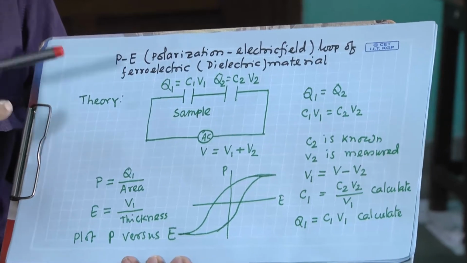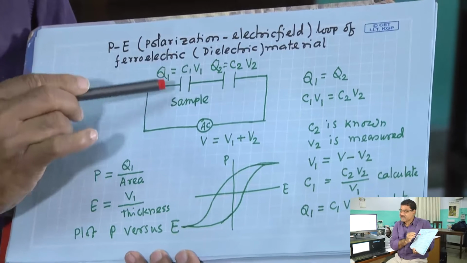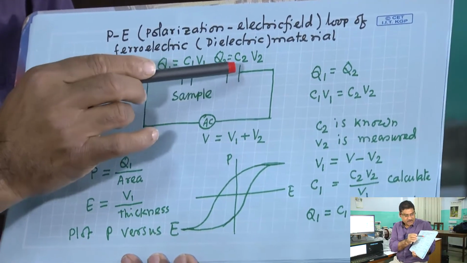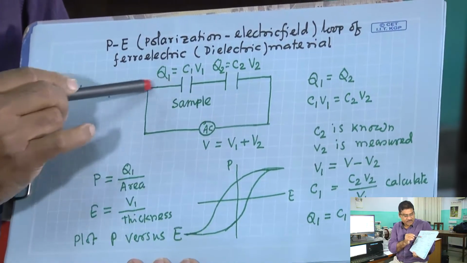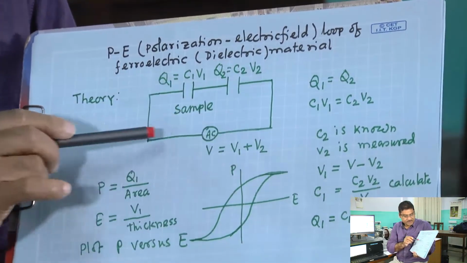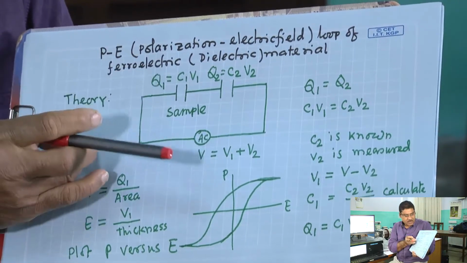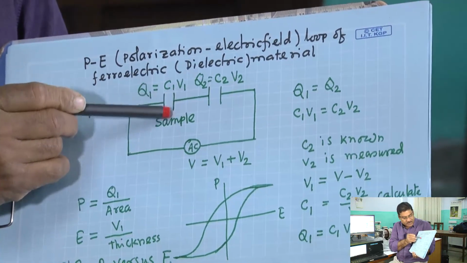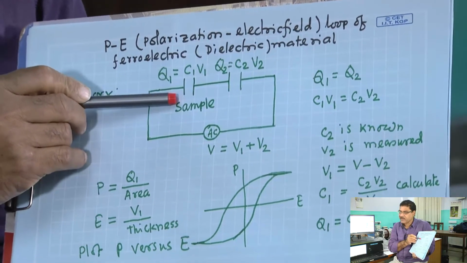Basically, there will be two parallel plate capacitors, connected in series, and an AC voltage will be applied. In one of the capacitors, our ferroelectric sample will be inserted between the two parallel plates.